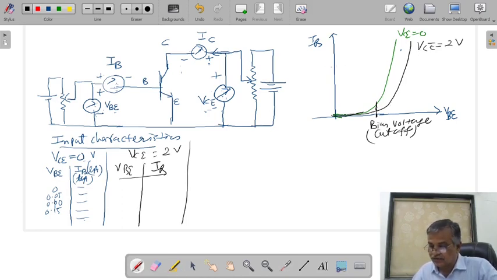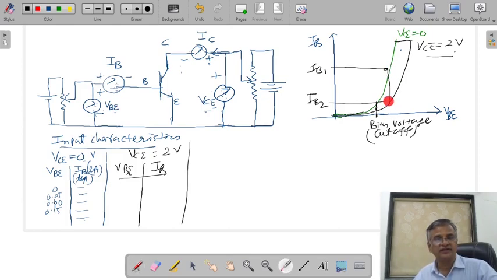As VC increases, your base current decreases. Can you see here? As VC increases from 0 to 2, your base current decreases from this point to this point.